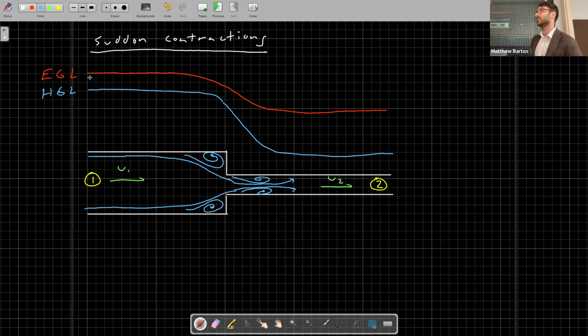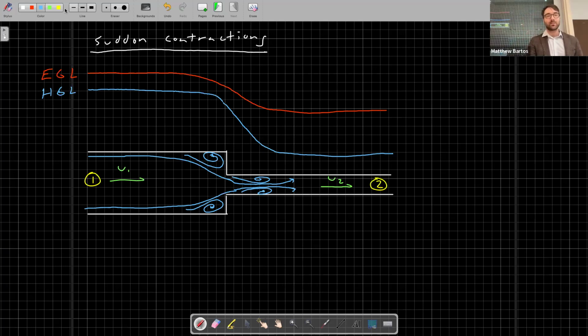Yes. Faster velocity. Very good. So we have faster velocity in the smaller pipe. What is the mathematical difference between these two lines, the EGL and the HGL? What do you need to add to the HGL to get the EGL? Very good.